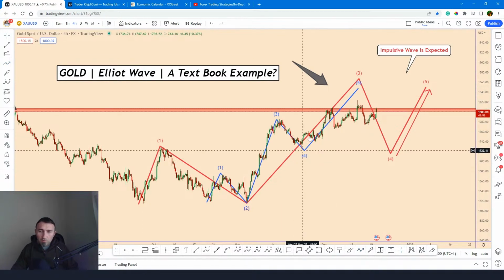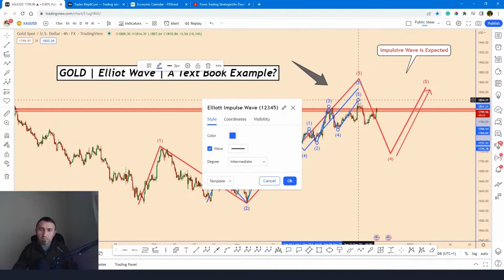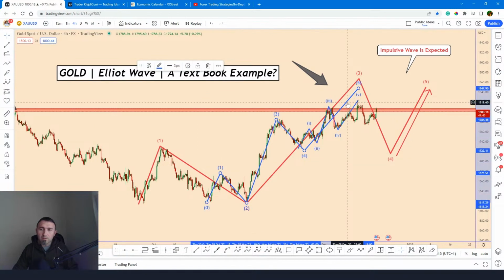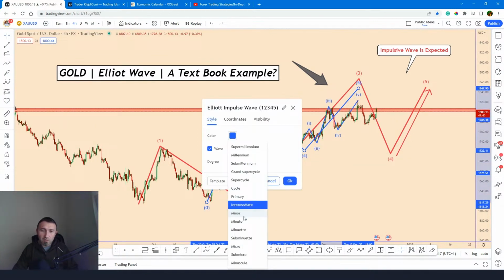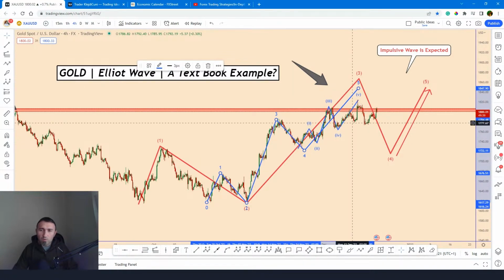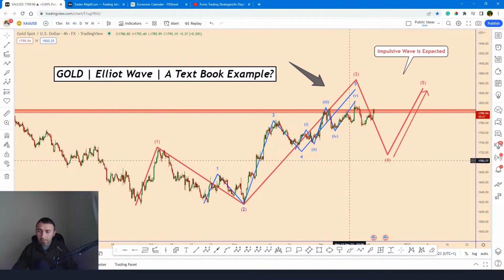But also on the lower time frame, as we can see, we have another 1, 2, 3, 4, and 5 wave movement. So on all time frames, we can see that the price is moving down and down and down. So we have also another 5 wave.